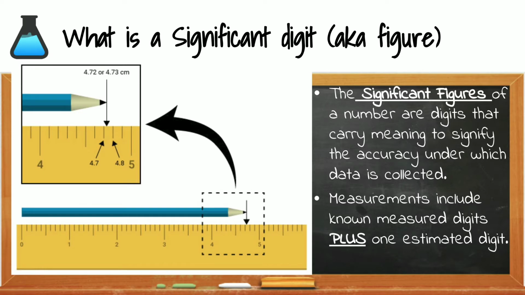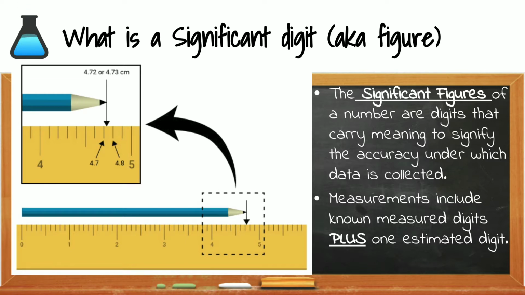So if we were to measure the length of this pencil in centimeters, we're sure that it is definitely 4.7 centimeters because it's somewhere between 4.7 and 4.8, but then we need to estimate approximately how far in between 4.7 and 4.8 this length is.